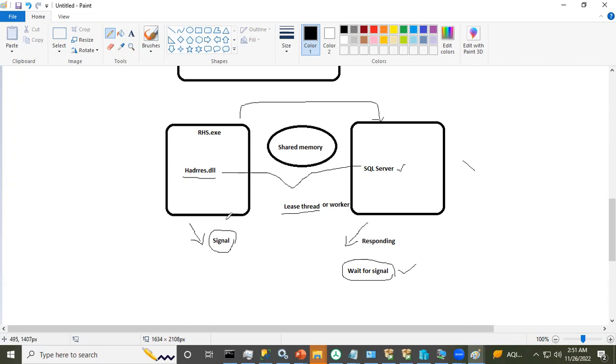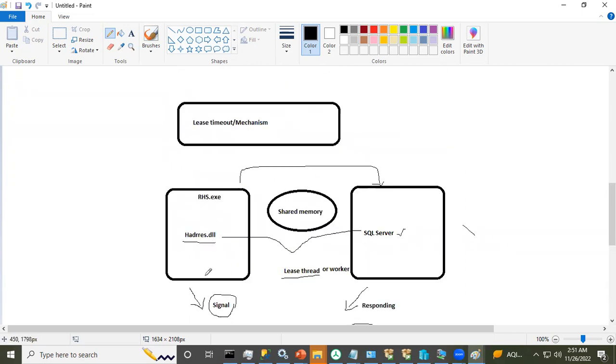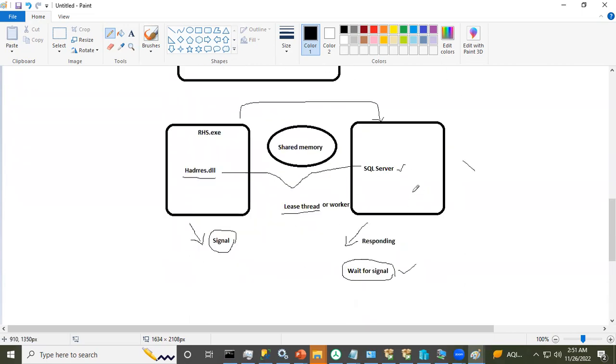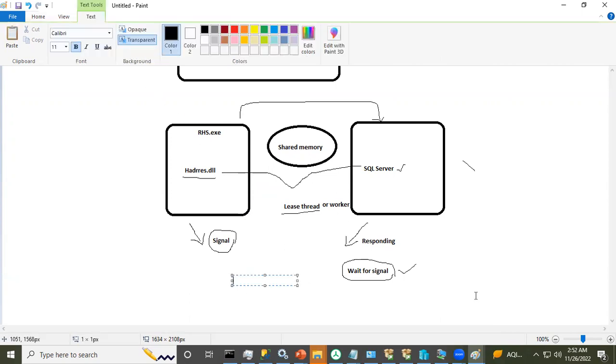There is some issue at the RHS.exe or the HADR resource.dll or at the Windows cluster itself. SQL Server has no issue, but there is an issue at the Windows cluster, and that is the reason the HADR resource.dll is not communicating to the SQL Server. If that is the case, then we consider that the lease expired.